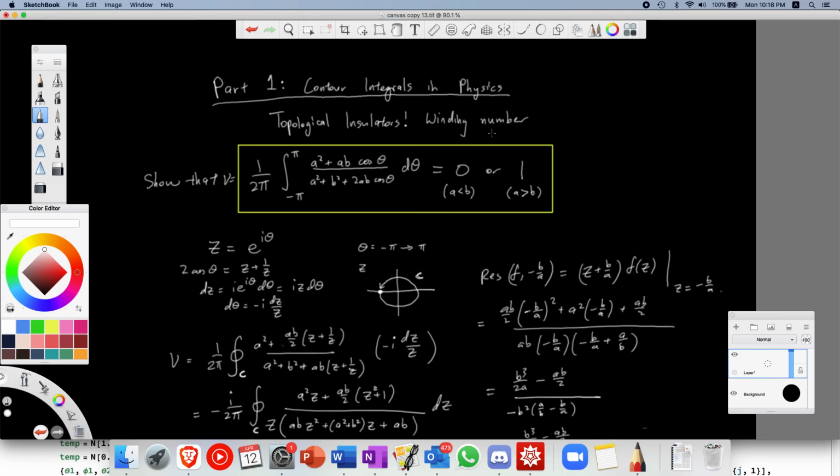This is an appearance of contour integrals in physics, namely in the winding number, which is a topological invariant, invariant under transformations where a is not equal to b. If you avoid this kind of crossing, then your topological winding number does not change.